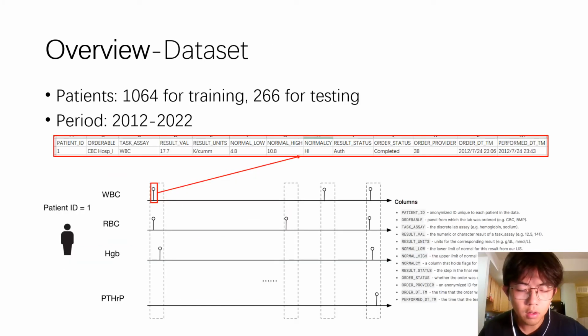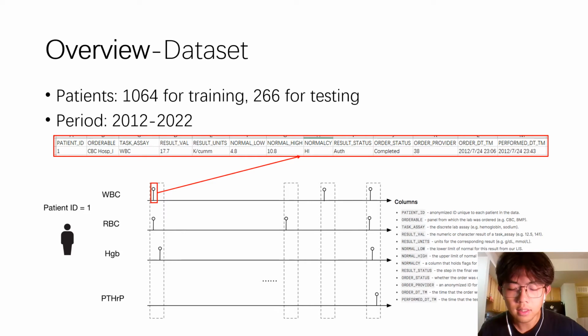Here, I will briefly go through some details and necessary information for you to understand the dataset better. The dataset has been split into a training set and a testing set. For the training set, there will be 1,064 samples, and for the testing set, there will be 266 samples. Those data were collected over a decade between 2012 and 2022.